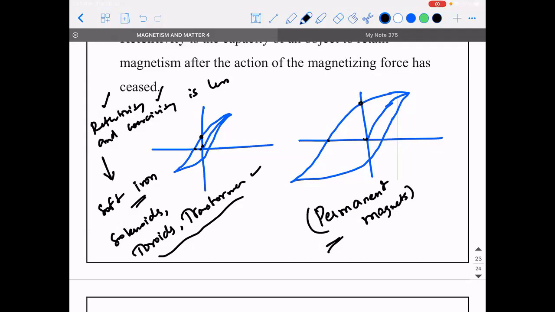You're able to understand. So sometimes they'll give you this kind of a graph, where this is B and this is H. Similarly, this is B and this is H, and they'll ask you which is used for making soft iron and which is used for making permanent magnets.